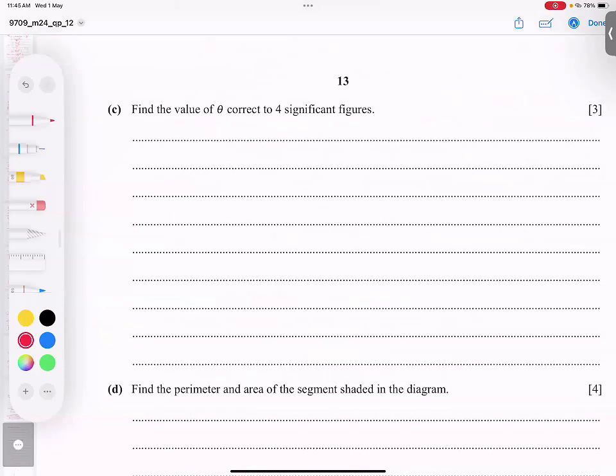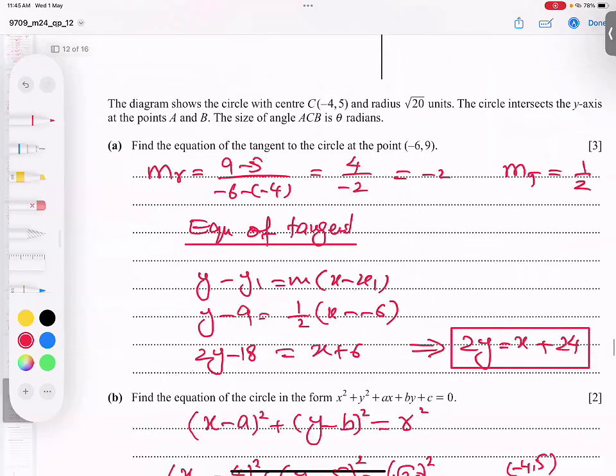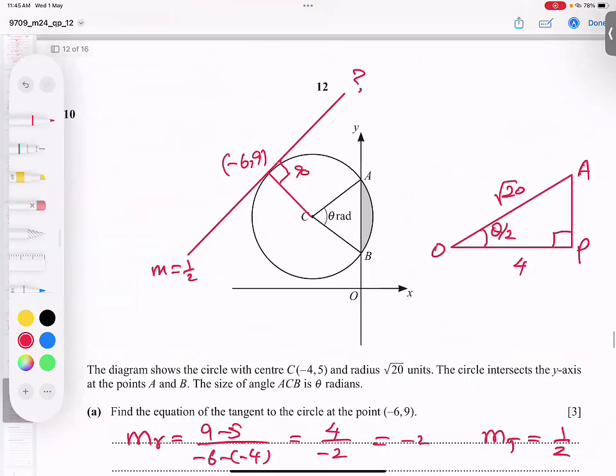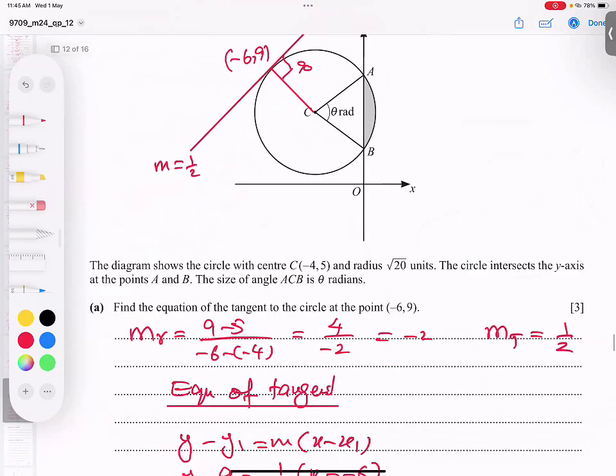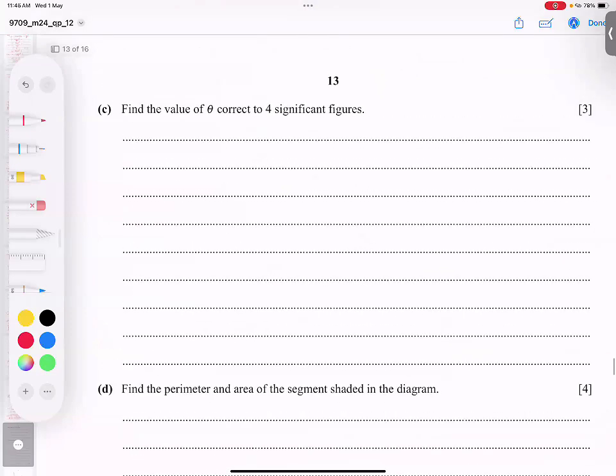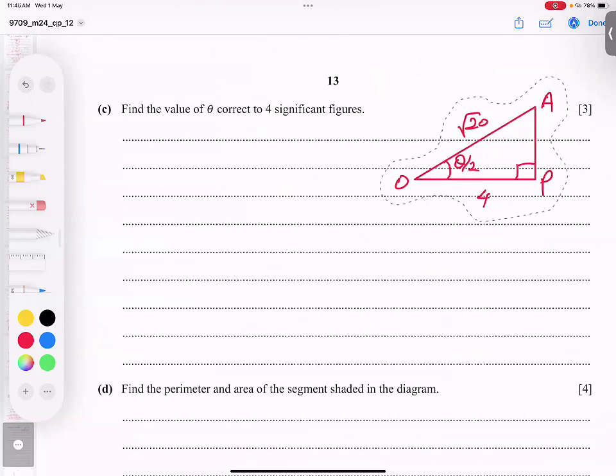Yeah, this part I talk about. You see, I made a diagram already. So I will take this diagram and cut from here and bring it here. So students, I can use adjacent by hypotenuse, which is cos theta. Sorry, not theta, theta by 2, because I have taken half of the angle.